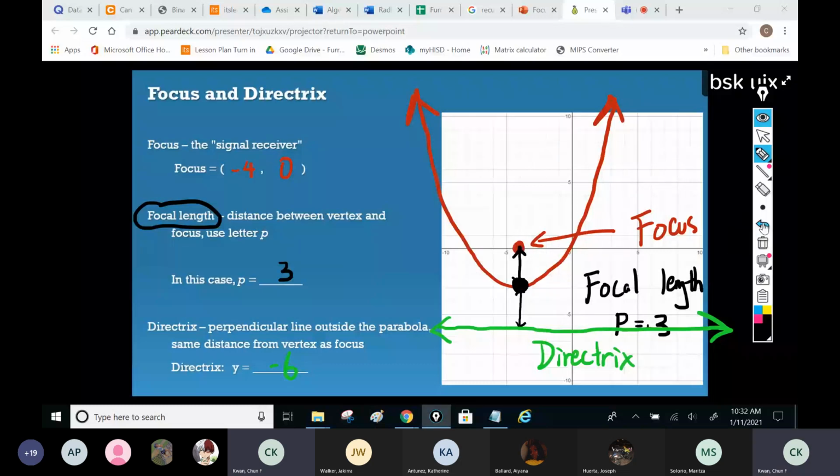And then we talked about the directrix, which is a line that is outside of the curve, perpendicular to the curve. You have the same distance away from the vertex.